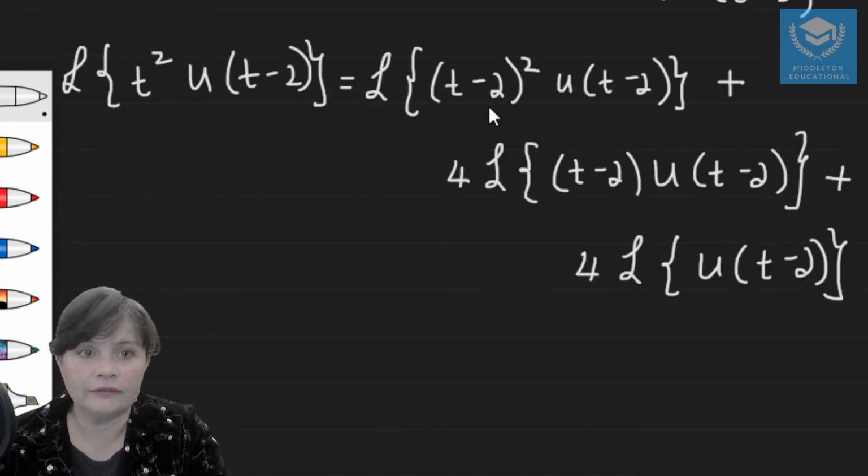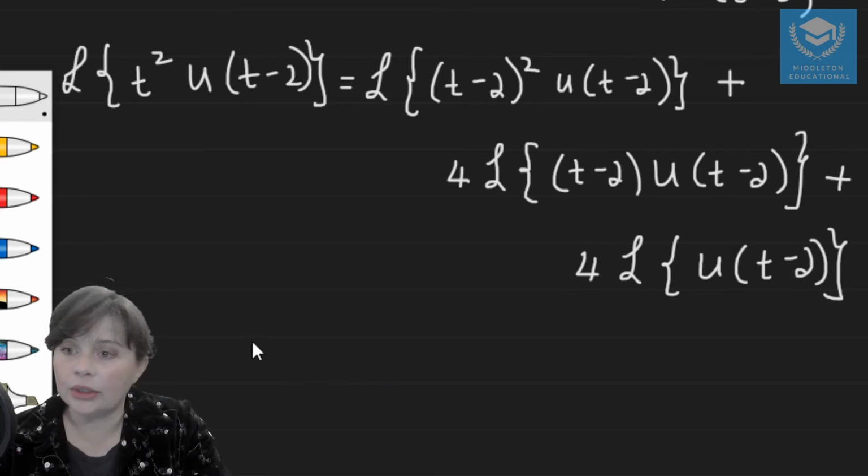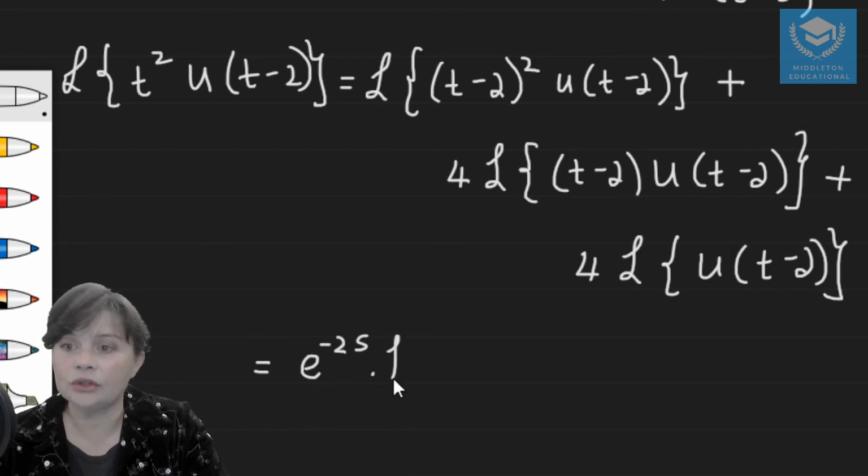So let's look at the first term. If I take the transform of that, this is the same form as your second shifting theorem. So that is going to be equal to e to the minus 2s times the transform of the function without the shift. So the shift here is 2, so if you were to cover up that minus 2, what do you have left?